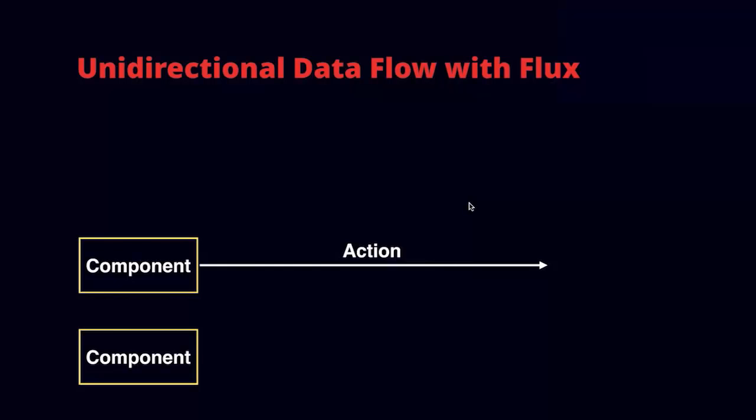We don't want to get into an argument of whether Redux is Flux or not, but it's definitely from the same family of ideas. So in a unidirectional Flux-style architecture, you're going to have a bunch of components, and you will severely restrict how they can interact with your data. In particular, your components are only going to be allowed to do one thing, which is issue actions.